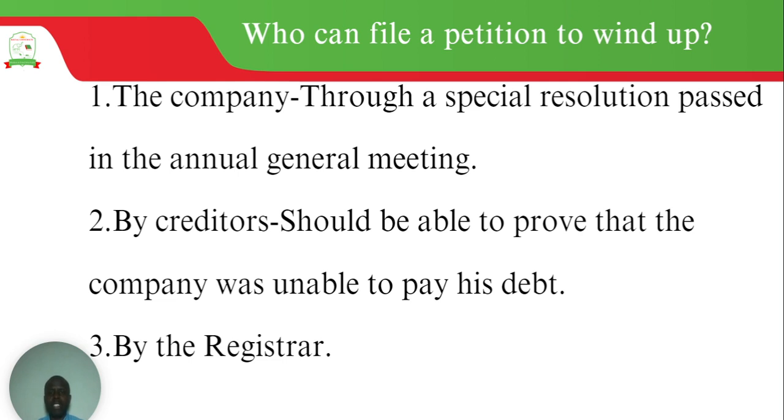Then the registrar can also petition the courts to be able to request for the winding up of that particular company. So if they want to present anything, including what I've just said about acting beyond your stated objectives, then they need to have evidence and proof that you have really done this as a company.